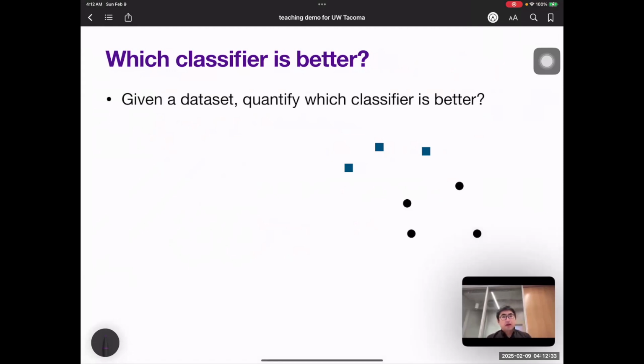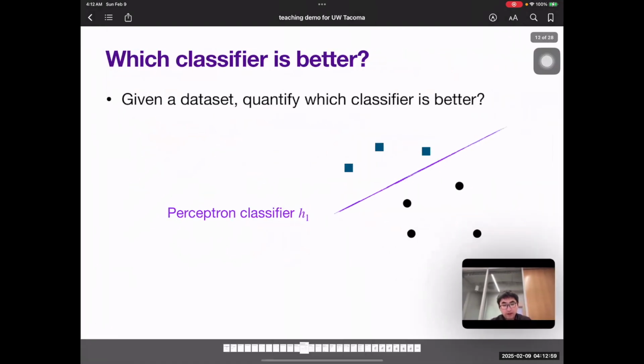Now, a central goal is to pick a classifier of the perceptron model that can classify the data perfectly. If we have a data set with several data points x1, x2, x3, x4, x5, x6, x7, we got two different classifiers.